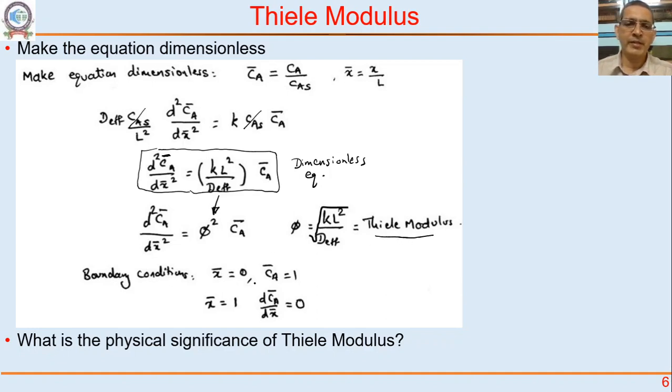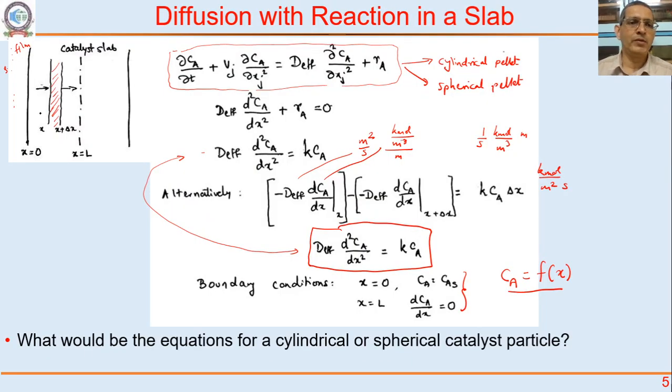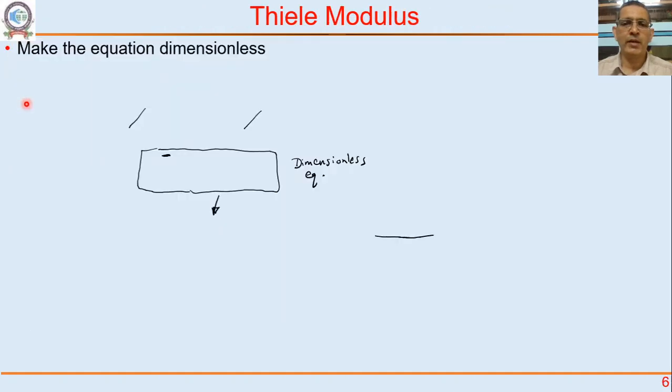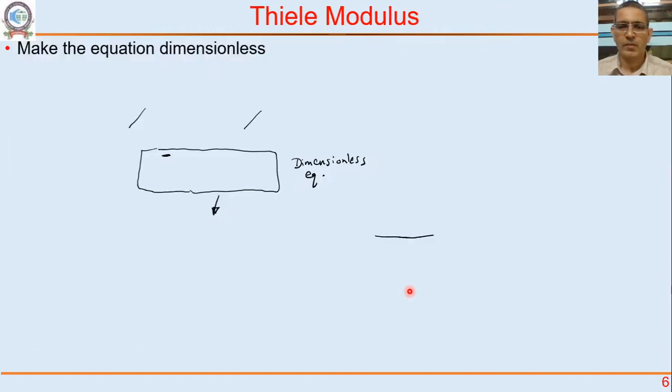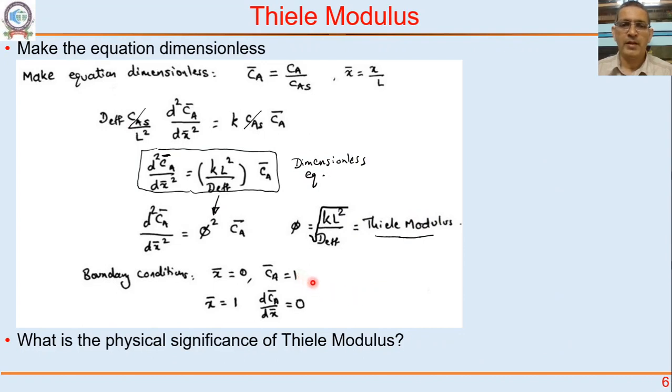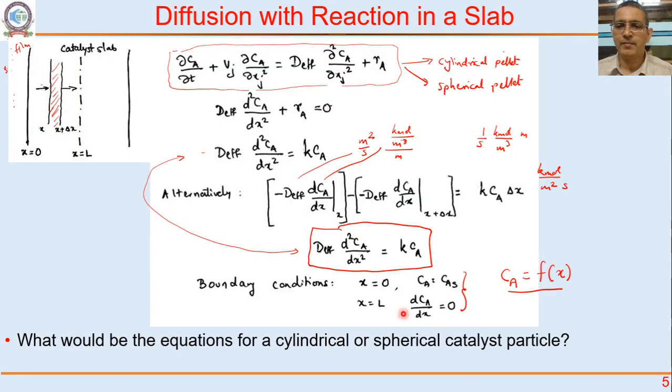What are the boundary conditions? At x bar equal to 0, that means at the left surface, CA bar is equal to 1. And at x bar equal to 1, the center line, the gradient is 0.